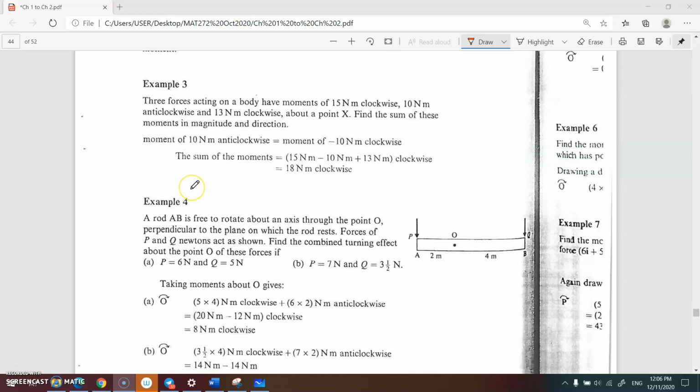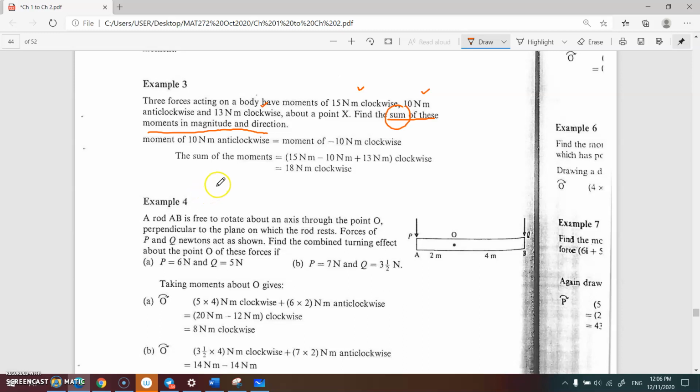Okay, example 3. Three forces acting on a body have a moment of 50 Newton meter clockwise, 10 Newton meter anti-clockwise, and 13 Newton meter clockwise about the point X. Find the sum of the moments in magnitude and direction. If it is a sum, then you add all the moments together.